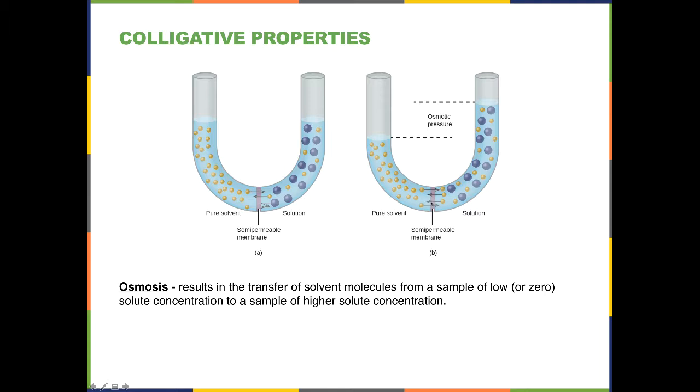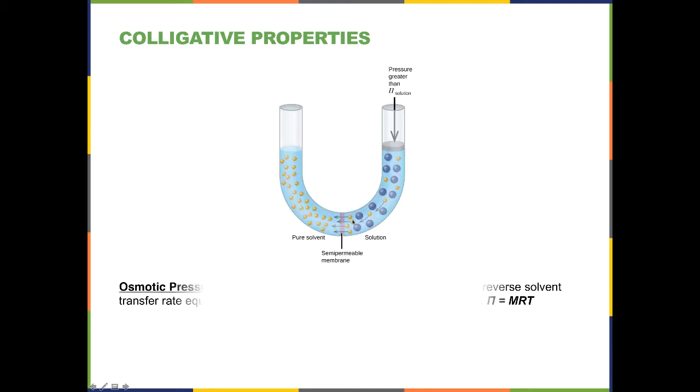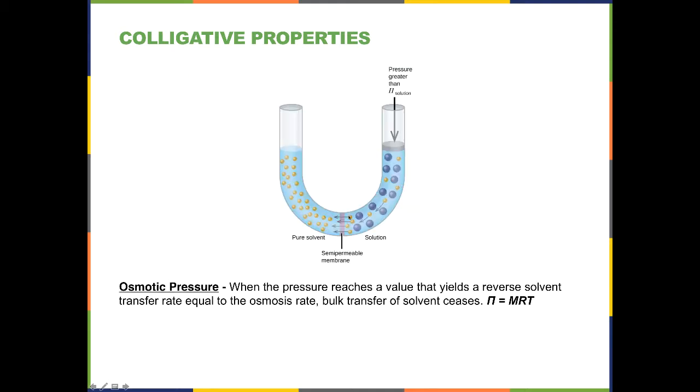So as we said, osmosis is the process of the transfer of this pure solvent. And the pressure is the amount of force that you'd have to put on this side to prevent these molecules from coming and diluting and entering the solution.